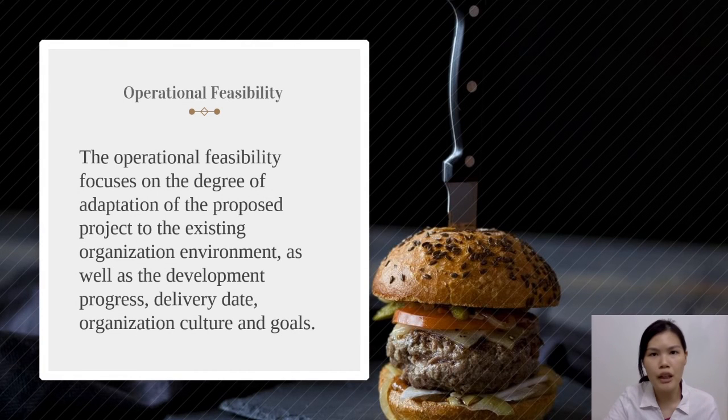Operational feasibility measures how well the proposed project or system addresses the problems faced by the organization and exploits opportunities found during scope definition, as well as how well it meets the requirements identified during the requirements analysis stage of system development. The operational feasibility focuses on the degree of adaptation of the proposed project to the existing organization environment, as well as the development progress, delivery date, organization culture, and goals.